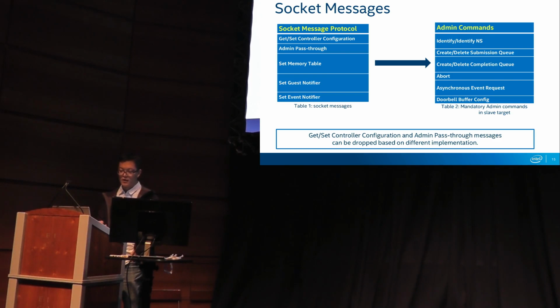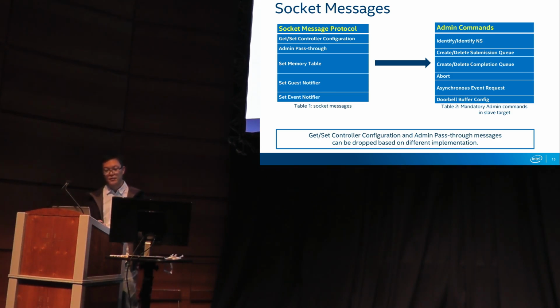It is used to check the asynchronous event report feature in the backend vhost target. The second one is set guest notifier. This message is used to set the completion queues' IRQ FD inside the guest. And the most important one, I think, is set memory table. It is used to set the shared memory between QEMU and the vhost target, so that the SPDK vhost target can convert the IOs sent from the guest to implement zero-copy IO offload.